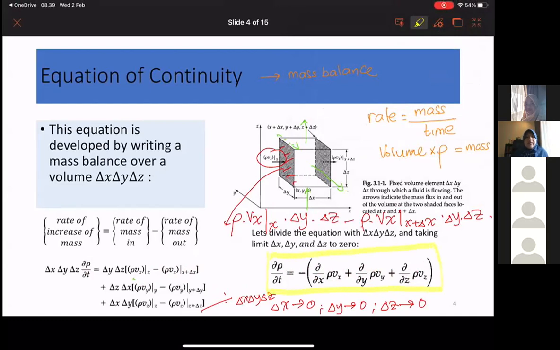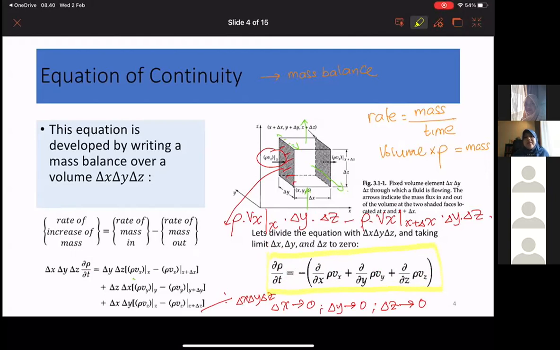Okay, so that is the general equation for the equation of continuity, which is based on the mass balance. That means if you have an increasing mass, or a change in density, then it would be equal to this one.